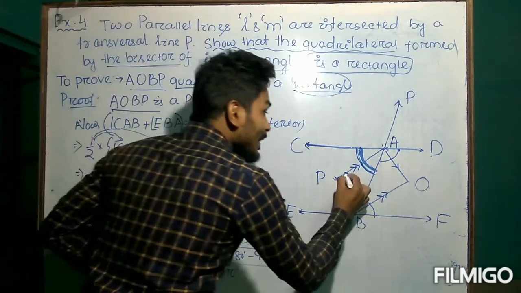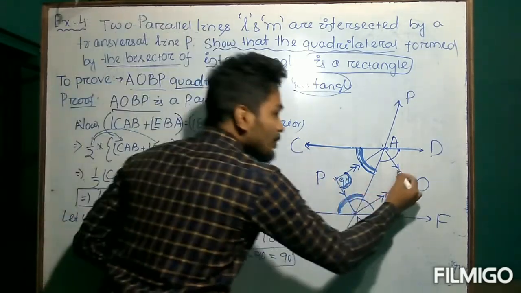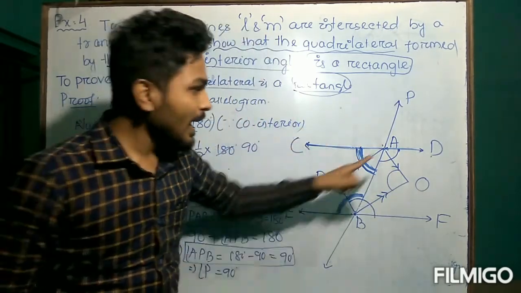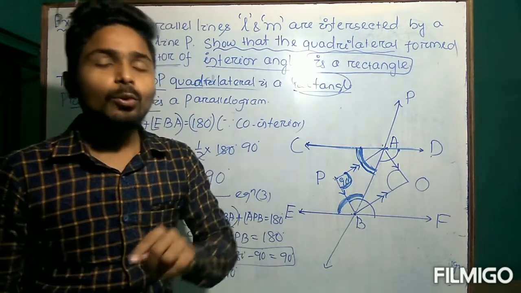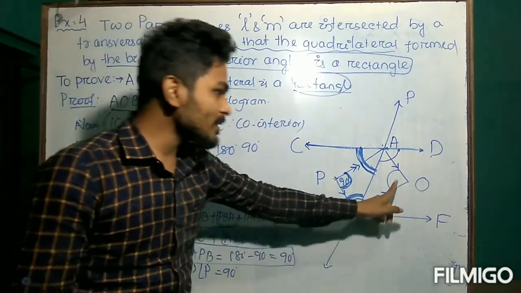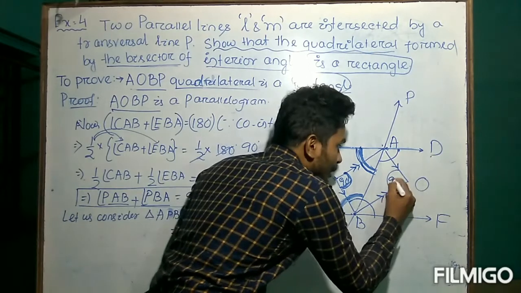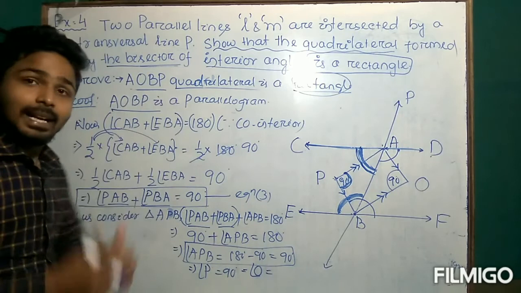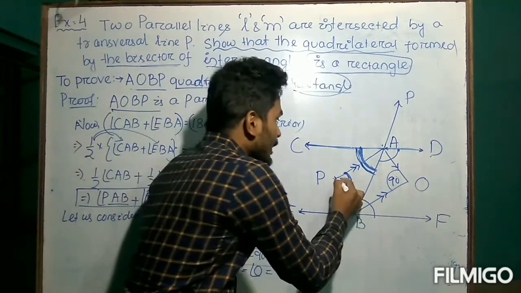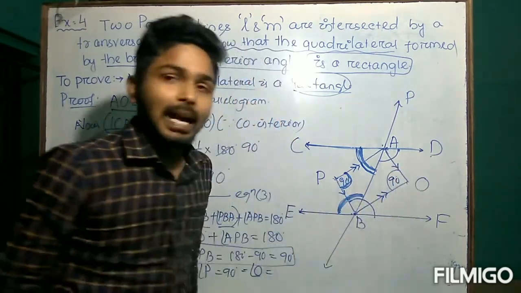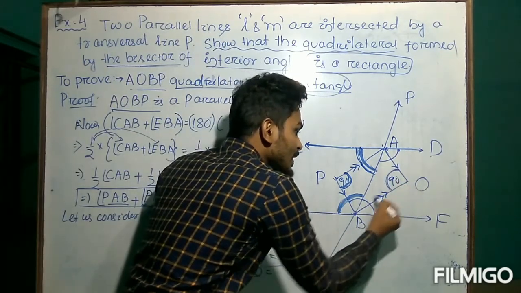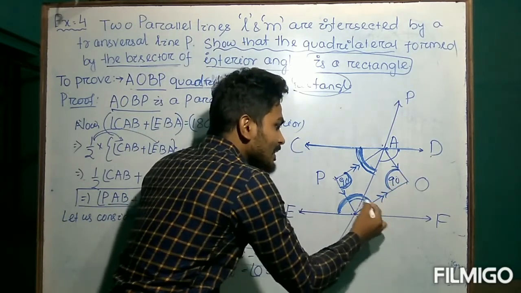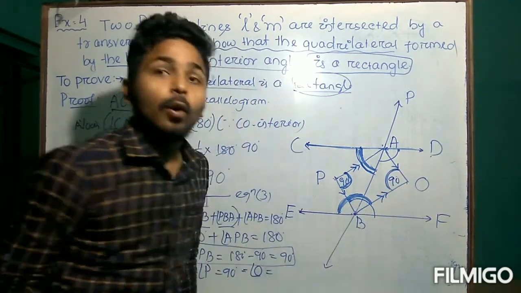Clear? Next, if it is 90 degrees, then what is the value of this angle? Tell me. These two angles are opposite angles and AOBP is a parallelogram. We know the opposite angles are equal. So this must be 90 degrees, so we can write it is equal to angle O. Clear? Next, in parallelogram AOBP, we know the sum of consecutive angles is 180 degrees.